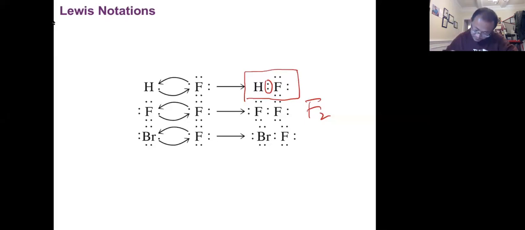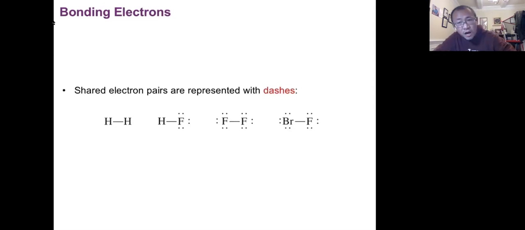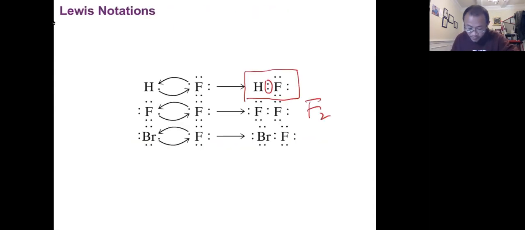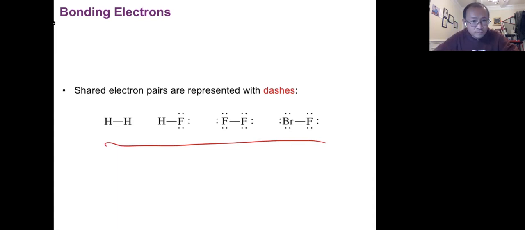All right, next. Because we call a pair of shared electrons a covalent bond, we use a dash to represent that bond. As you can see here, these are the same as what we have shown so far. We use a dash to represent the shared pair of electrons. Again, a dash represents a shared pair of electrons.